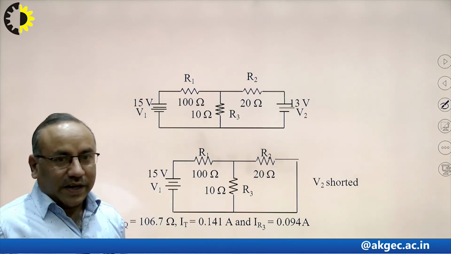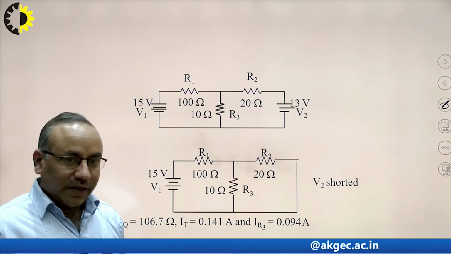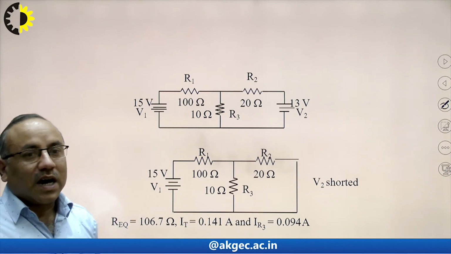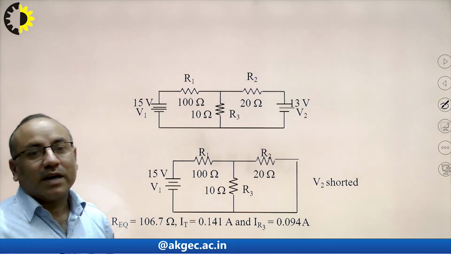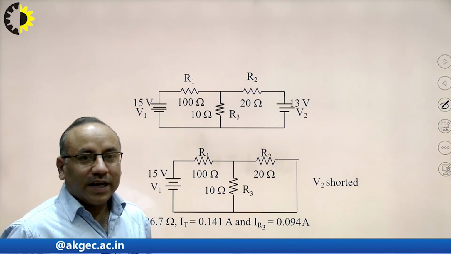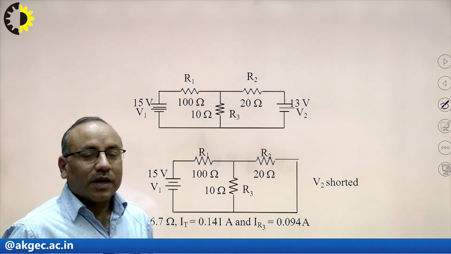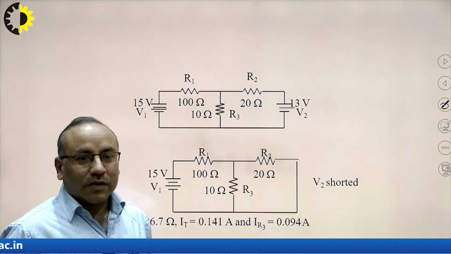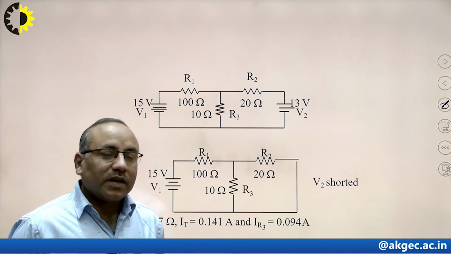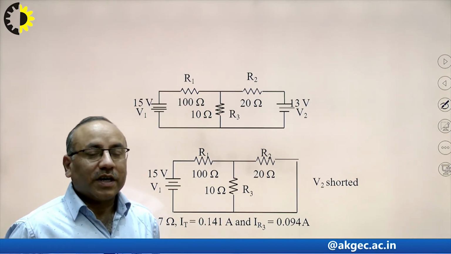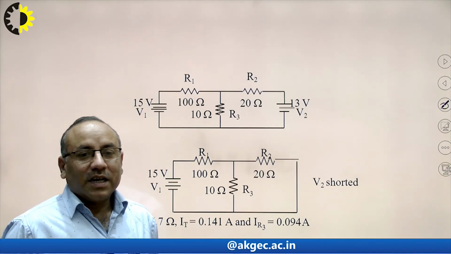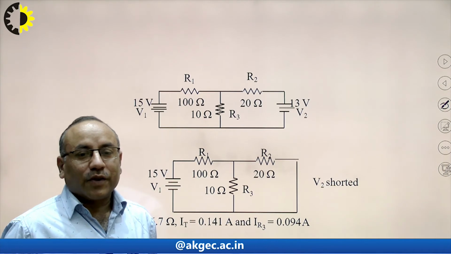Now we are to find the current in R3. We can find this current using the parallel current division rule, since R2 and R3 are connected in parallel. The current through R3 will be given by the total current IT into R2 upon R2 plus R3, that is 0.141 into 20 upon 20 plus 10, and on calculation we get this current equal to 0.094 ampere.